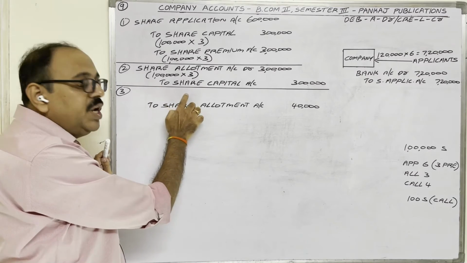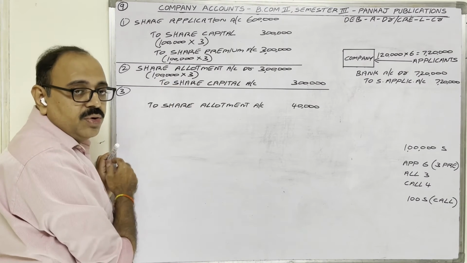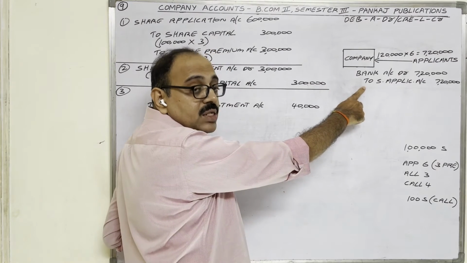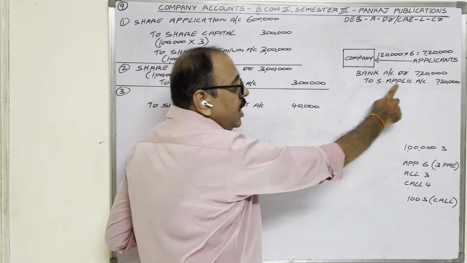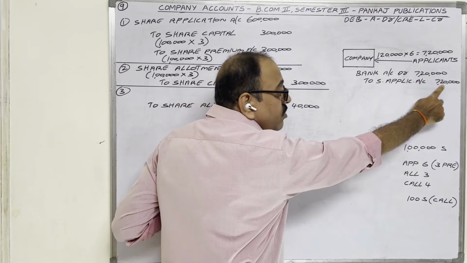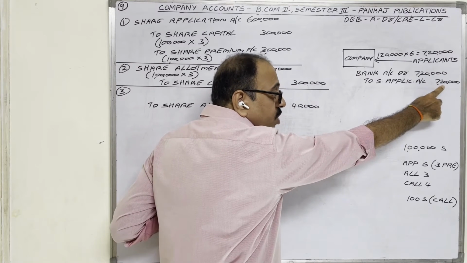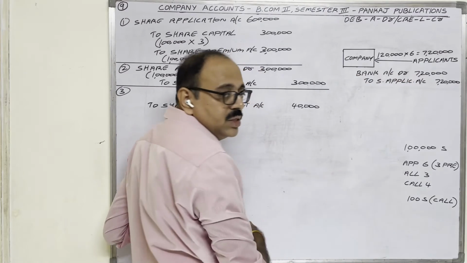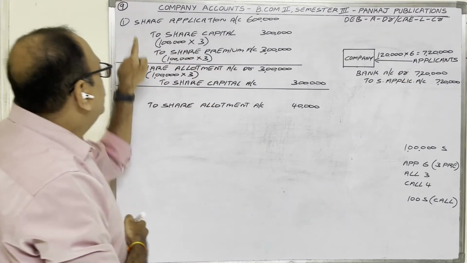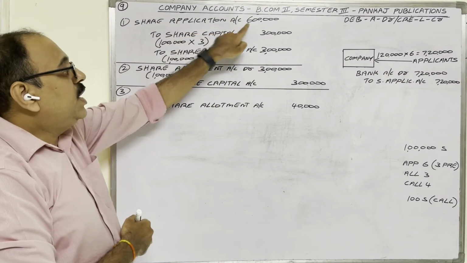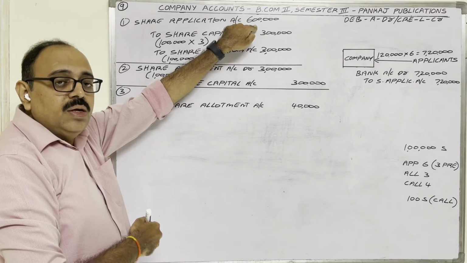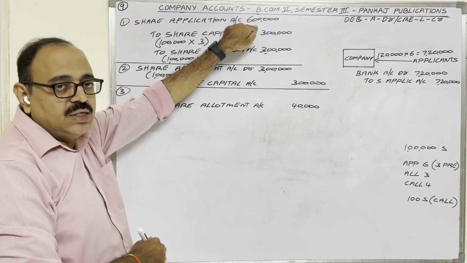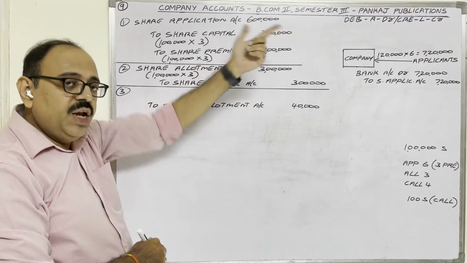And which account should be debited? Share application account. Because, see this entry. When money came through application, we credited application account with 7,20,000. In books we wrote that for 7,20,000 applicants are creditors. And in this entry, we debited applicants with 6 lakh rupees. Means in 7,20,000, 6 lakh is cancelled. 80,000 we return to them.